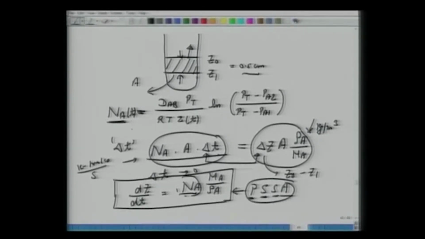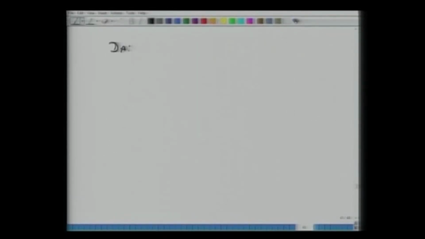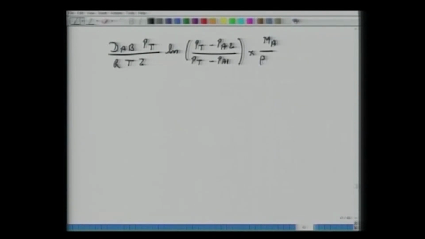Now we have two equations which are almost decoupled. We take this expression for NA, substitute it here, and integrate. So we get DAB PT over RT Z, times ln of (PT minus PA2) over (PT minus PA1), times MA over rho A, equals dZ by dt.